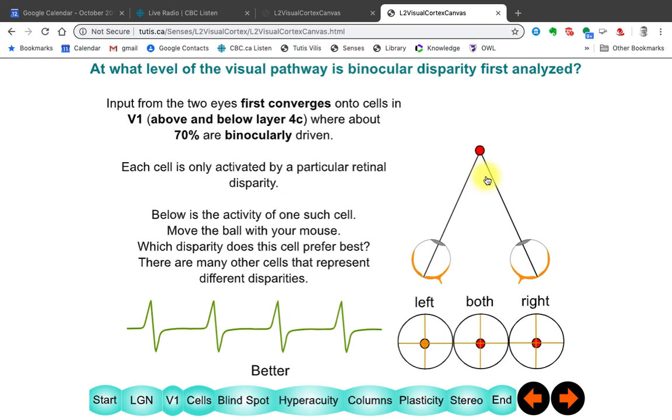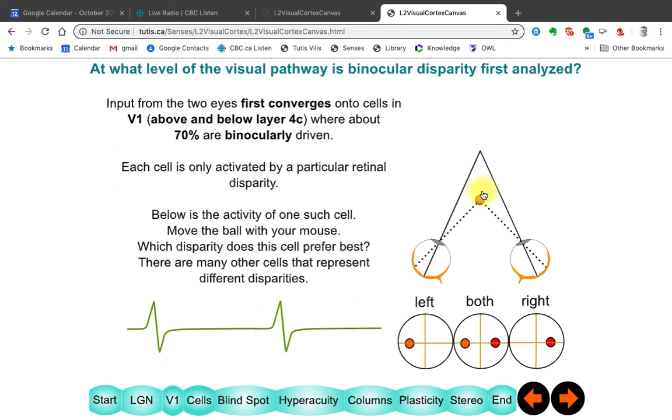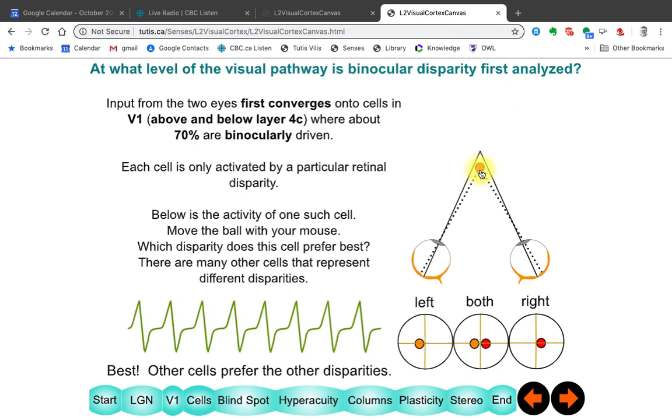As we move closer still, or farther away in the other direction now, the firing rate goes up even higher. And then over here, at something even closer, the firing rate goes down. So this cell, this neuron, likes a dot that is slightly closer to where you're looking. Slightly closer to you. There are other cells that like objects that are slightly farther, and everything in between.